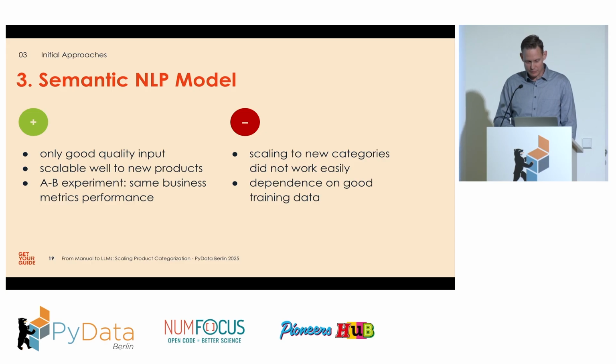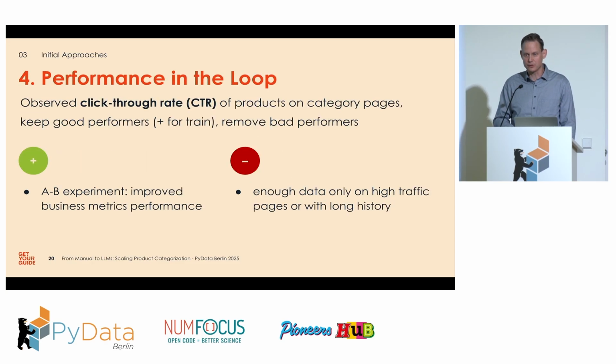So that's why we then tried to also include some performance indications from how much a product got clicked on a category page, and that actually did some improvement on the business metrics performance, but it only works for products and categories where we have enough data, so it didn't solve the problem everywhere.